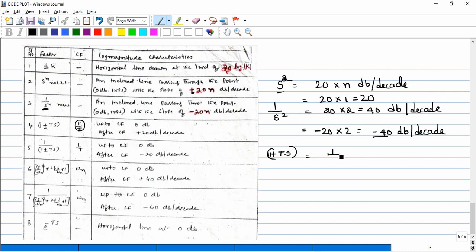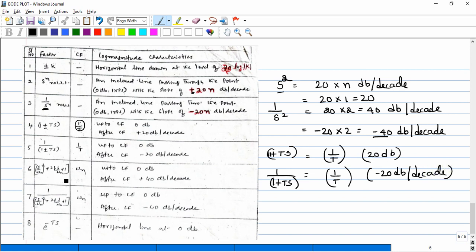Corner frequency will be 1 by t, and the slope will be plus 20 dB per decade. Similarly, if I get 1 by 1 plus ts, again the corner frequency will be 1 by t, and the slope will be minus 20 dB per decade.